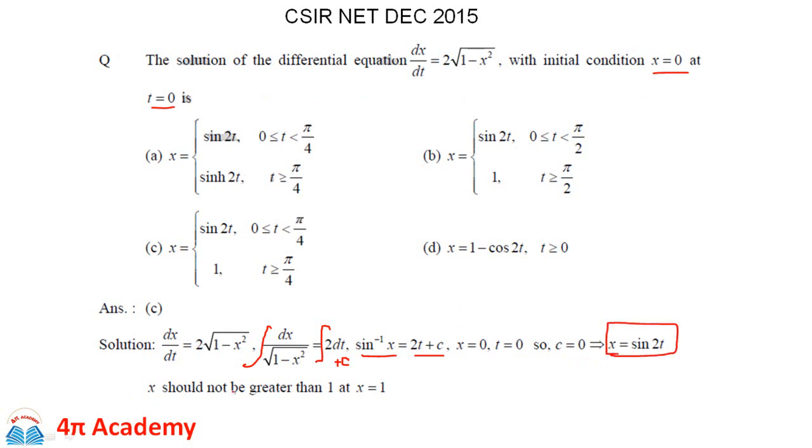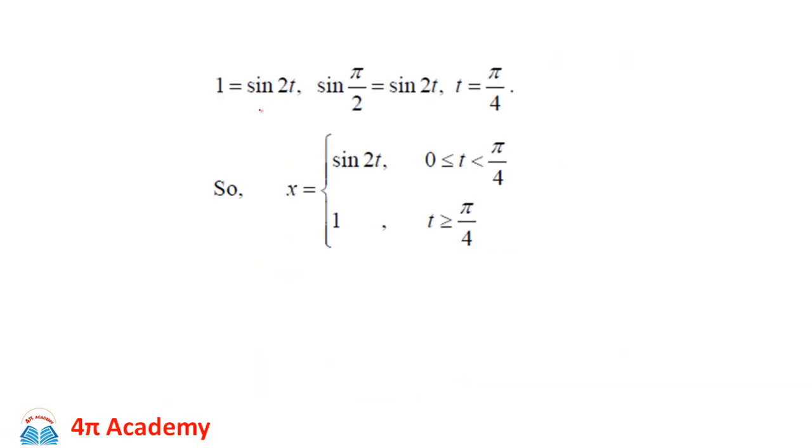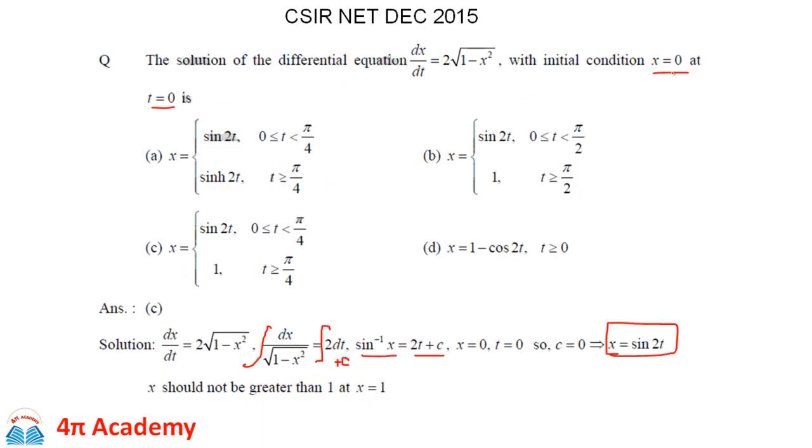Now x should not be greater than 1 at x is equal to 1. This is because our condition is given as x is equal to 0 at t is equal to 0.